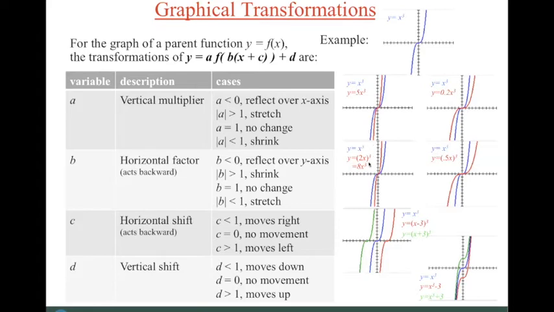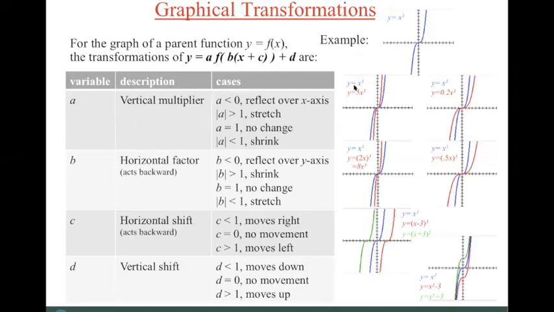And when we multiply by a factor inside of our function, so f of 2x or f of 5x, what happens is we can actually evaluate and simplify that function following order of operations, and a horizontal shrink is the same as a vertical stretch.